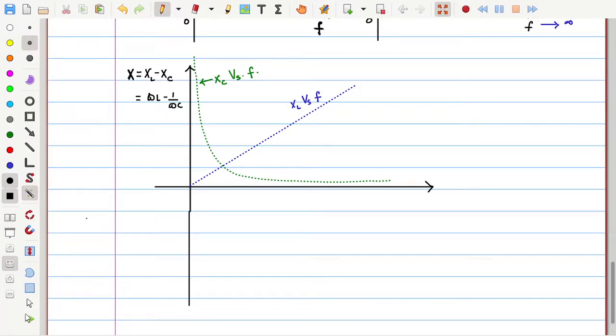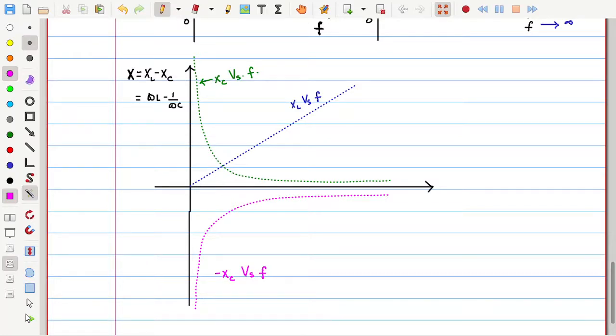Okay. So if I move in this direction, let me take this color. The mirror image of that looks like this. Let me take it more precisely. See, this pink color one is minus Xc versus frequency.